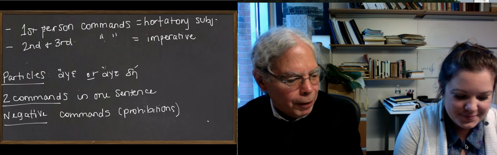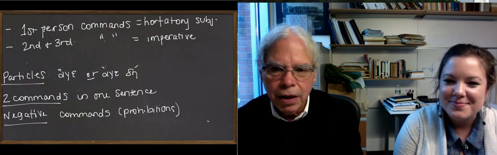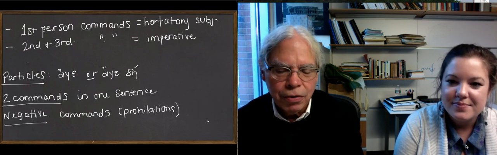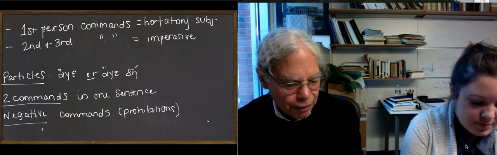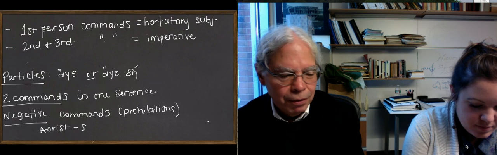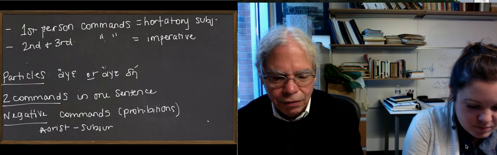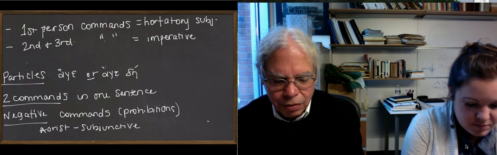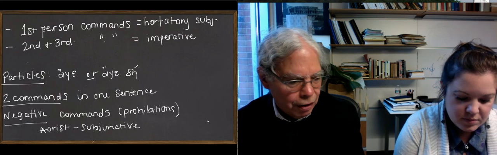But anyhow, when it comes to aorist negative commands, you use the subjunctive, okay? And you can use the hortatory subjunctive for the first person. So you have a complete paradigm, effectively, of aorist subjunctive first, second, and third persons, singular and plural, for negative commands.